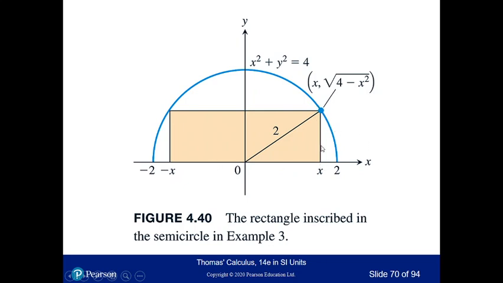So width is square root of 4 minus x squared, and length of the rectangle is 2x, because x here makes it 2x. And then we just calculate the area. Area is 2x times square root of 4 minus x squared, and we have a function of the area, you can call it A of x, and then work on this optimization function.